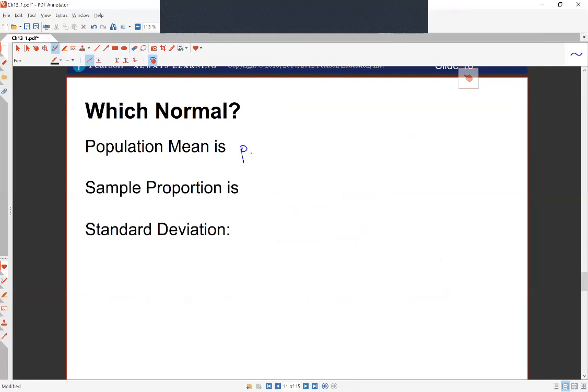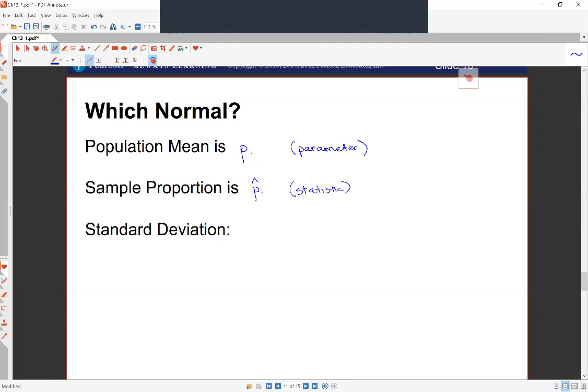The sample proportion will be denoted by P hat. So the hat tells us it's a quantity from the sample, it's a sample statistic versus a population parameter. So the P without a hat is a parameter, the P with a hat is a statistic.